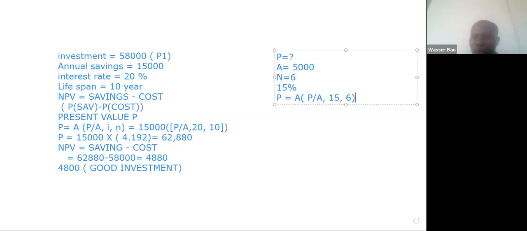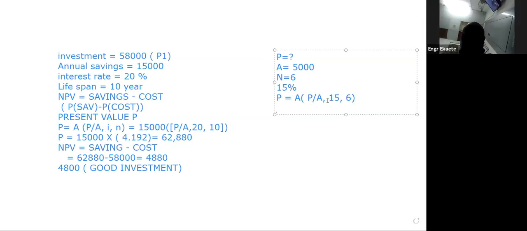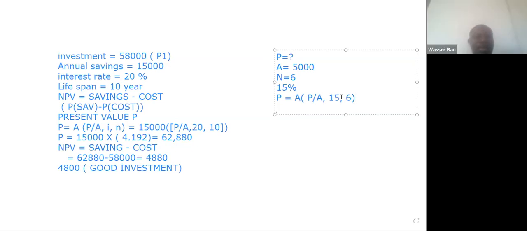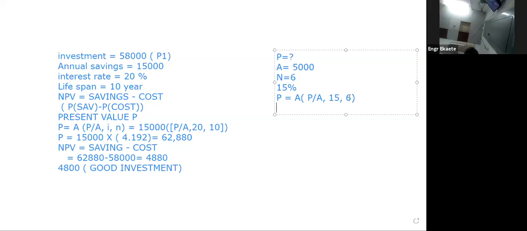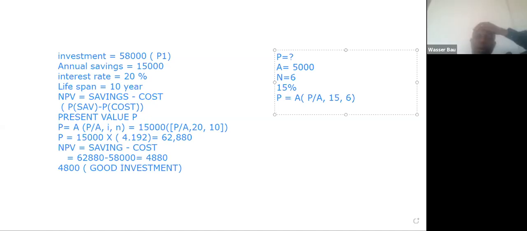So can somebody go to the table now and look for me at the table for 15% under 6 years? This is the table for 20%, so let's go for 15%.